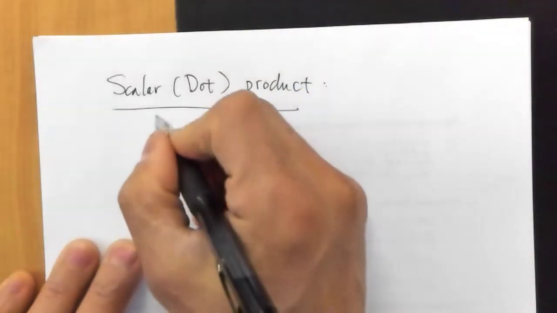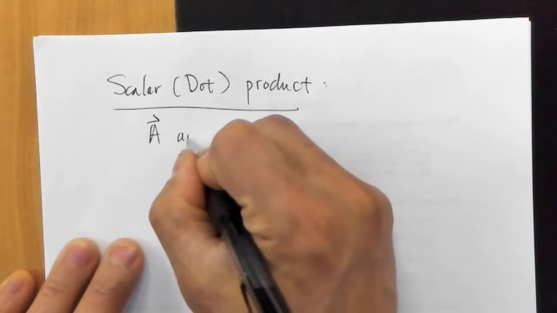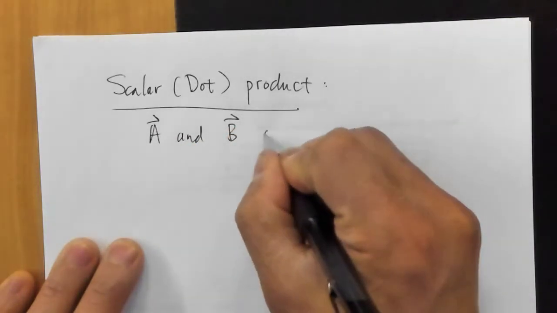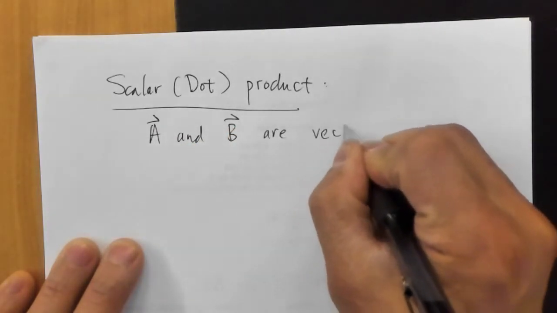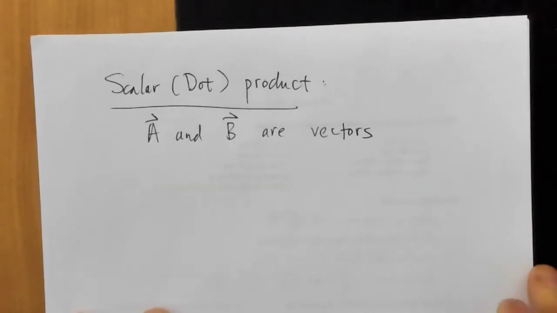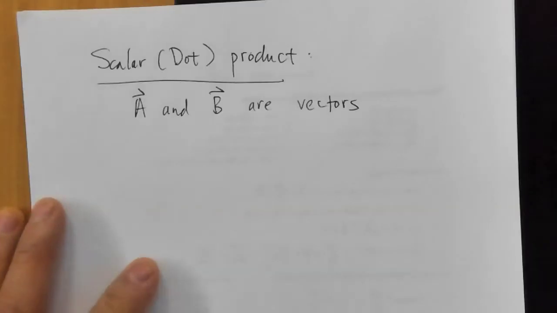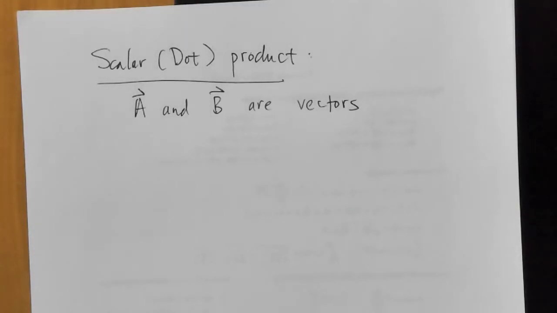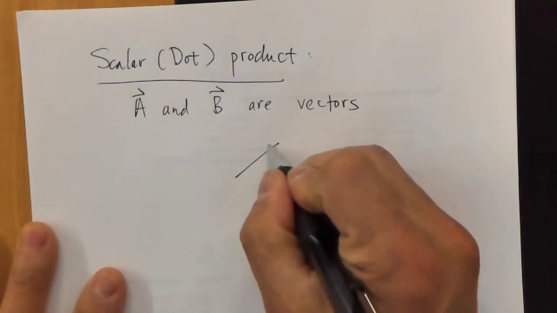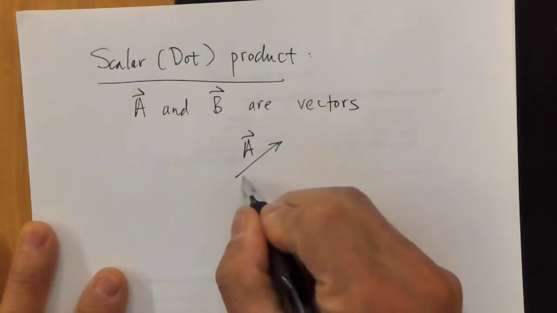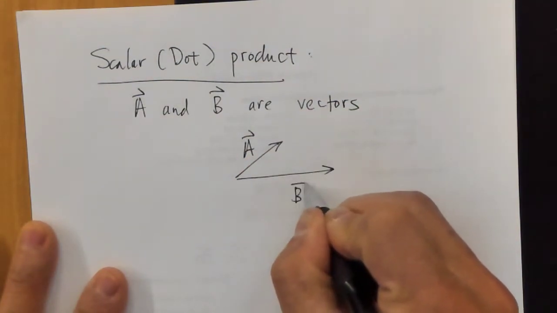Let me just remind you, scalar or dot product. Two vectors, A and B, are vectors. Let's say we have A here, we have B like this.